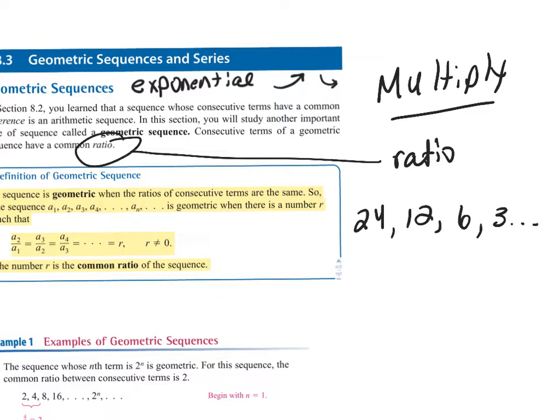It's not 2, it's 1/2, because you're dividing by 2. But when we talk about geometric sequences and series, we only talk about multiplication. So whenever you're dividing, you're really multiplying by fractions. So your common ratio here would be 1/2. I just want you to see that.